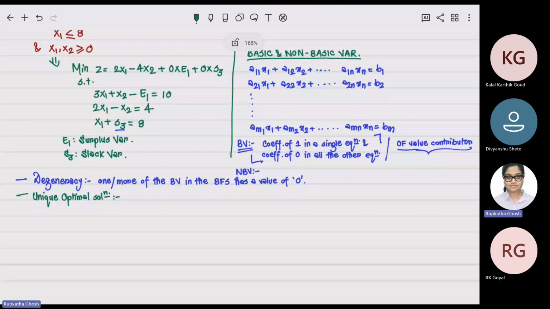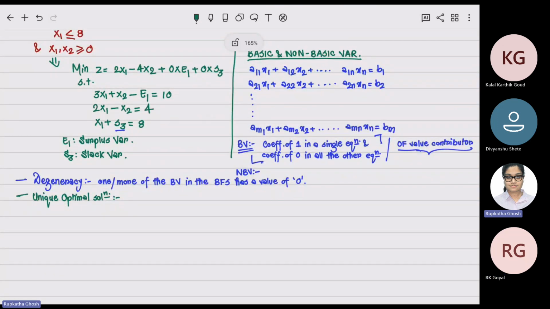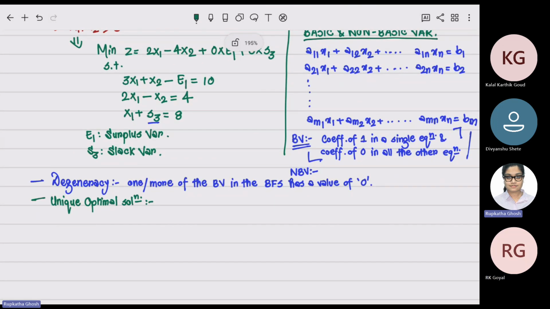Basic means something which has entered your basis. This is how you start defining the basis. Basis is nothing but the basic variables only. So I'm saying basic feasible solution, not even optimal solution.